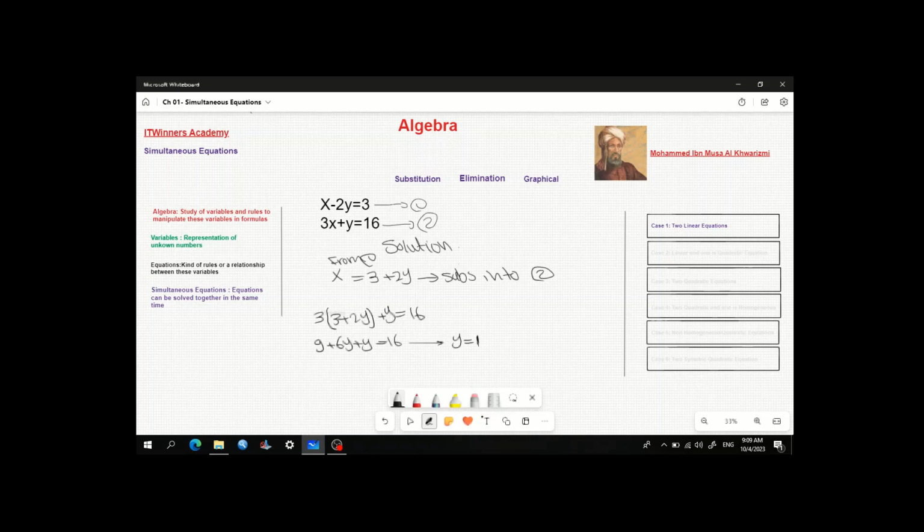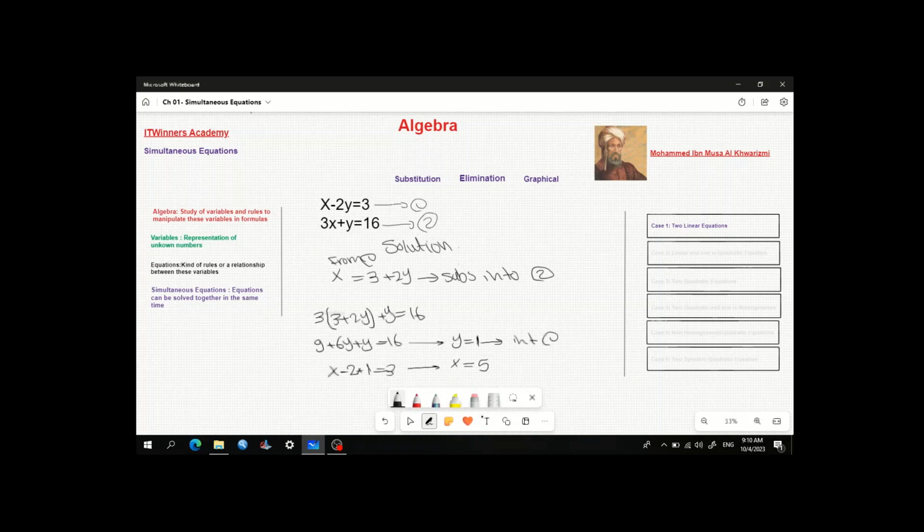Now back substitution to get x in each of these equations. So into 1, I get x minus 2 times 1 equal to 3. So x equals 5.